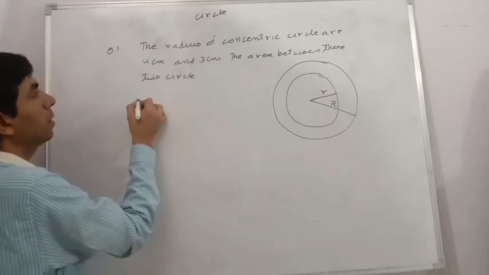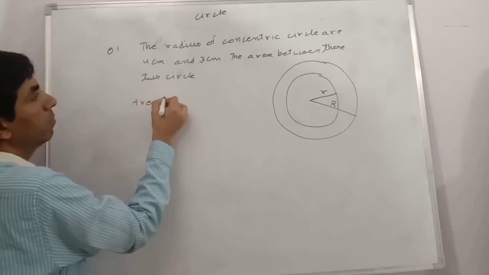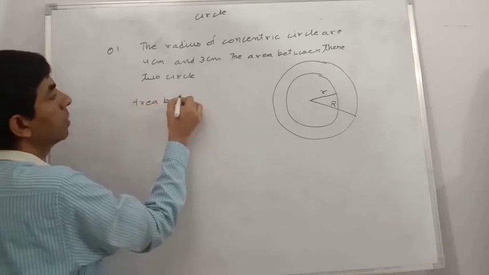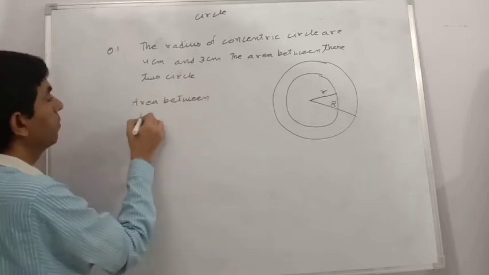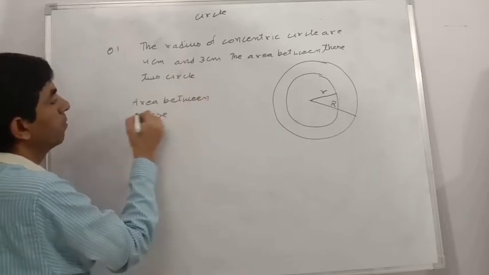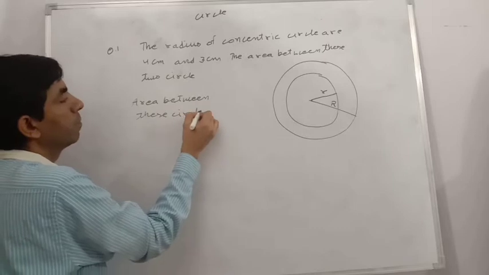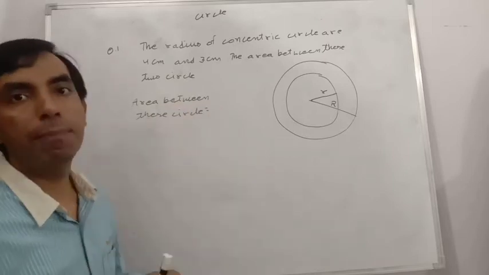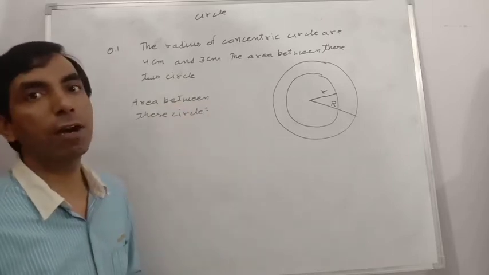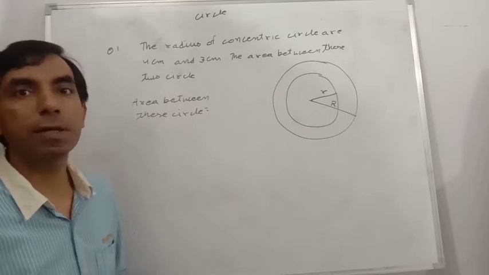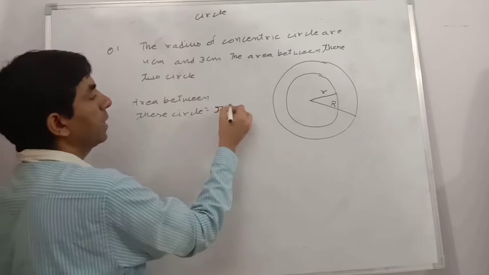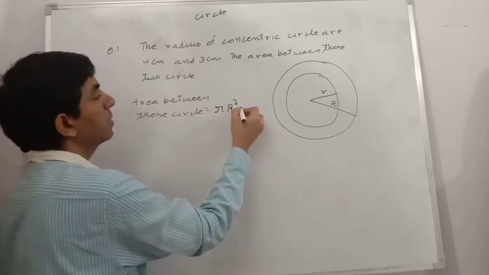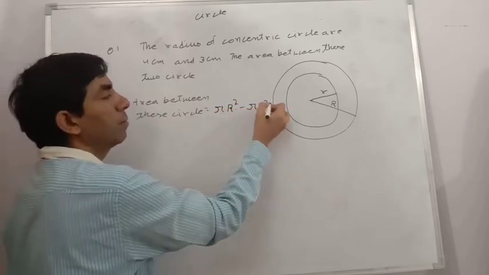So area between these circles means first we find the area of the big circle and then we subtract the area of the small circle. Here big circle area is pi capital R square and small circle area is pi small r square.